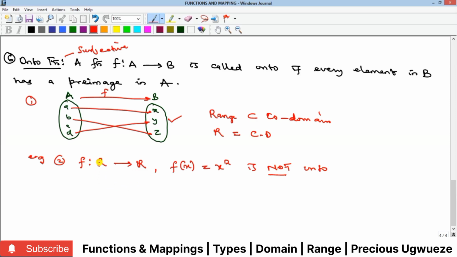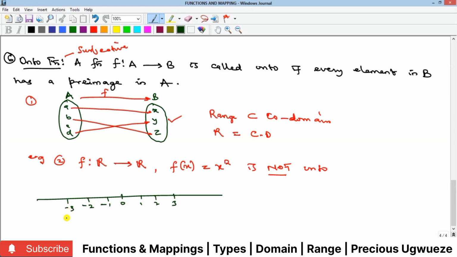How did you get that? Because if you pick all the elements of the real numbers, remember that the real numbers are the numbers on the real line, that means both positive and negative. So let me just use the whole numbers: 0, 1, 2, 3, and then -1, -2. I'm using the integers now.